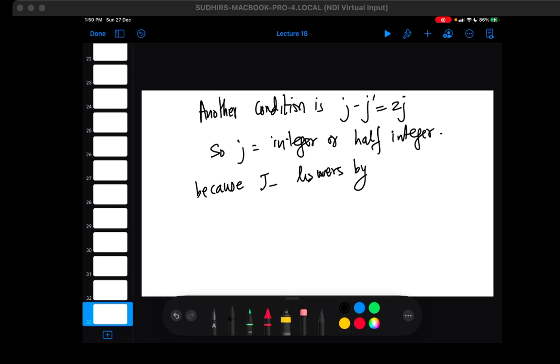Just by construction, everything has to go by 1 unit, meaning if I act J minus on the state containing j, it should go to j minus 1. Now j cannot be anything arbitrary. So j should go in steps of 1, meaning j is either an integer or a half integer.